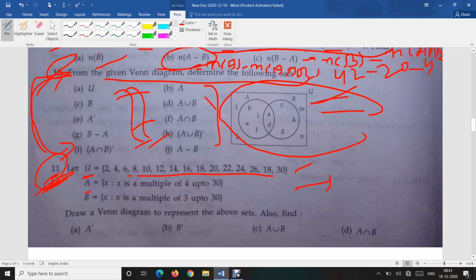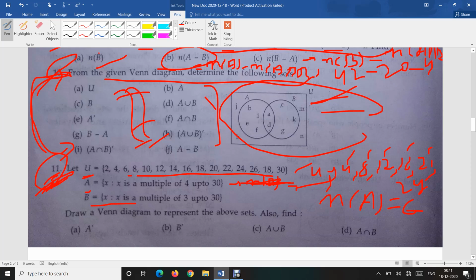The multiples of 4 are 4, 8, 12, 16, 20 and 24. How many elements are in this? 1, 2, 3, 4, 5, 6. That means n of A is equal to 6.